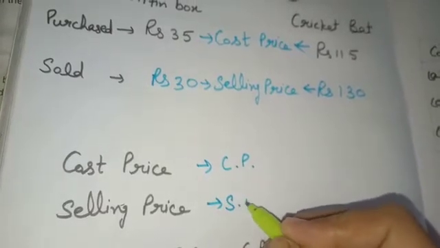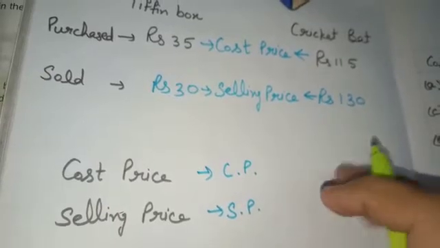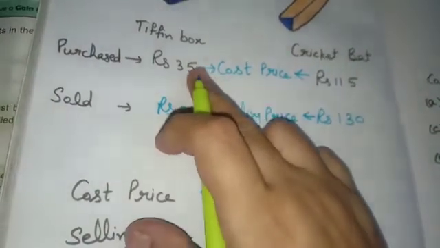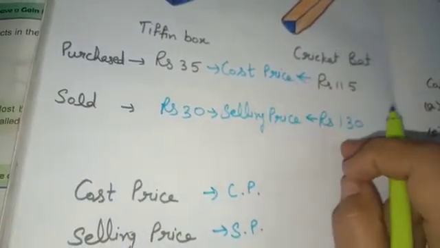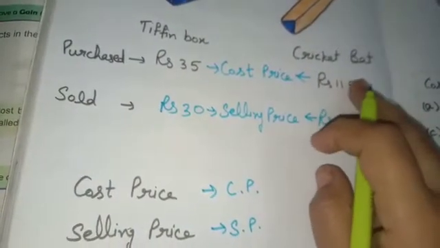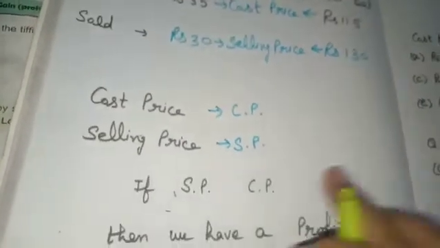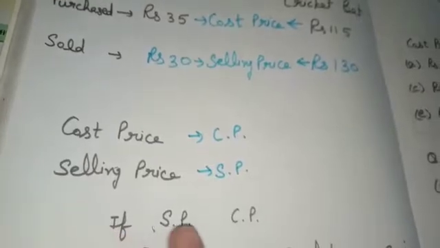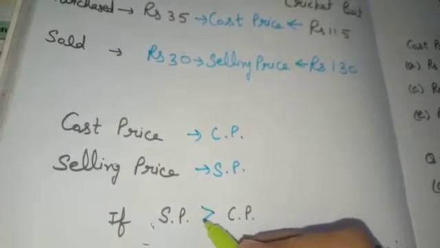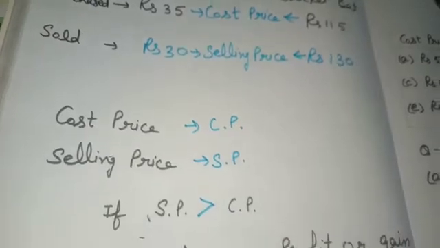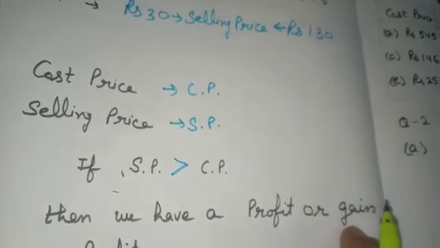as SP. Here we have two situations: when cost price is greater than the selling price, or when selling price is greater than the cost price. So the first situation is if the selling price, SP, is greater than the cost price, then we have a profit or gain.